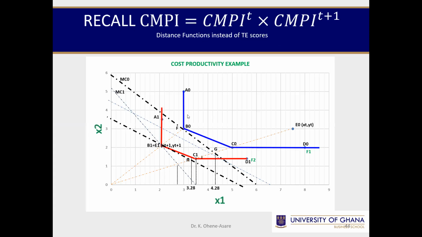In the previous one, we were estimating everything in relation to the blue frontier or the red frontier. But when it comes to cost, we are simply estimating them relative to the zigzag lines, the isocost lines. That's all for cost. Do you get it? I'm going to do an example, but what I mean is, do you get it when I say I'm estimating it relative to the isocost?